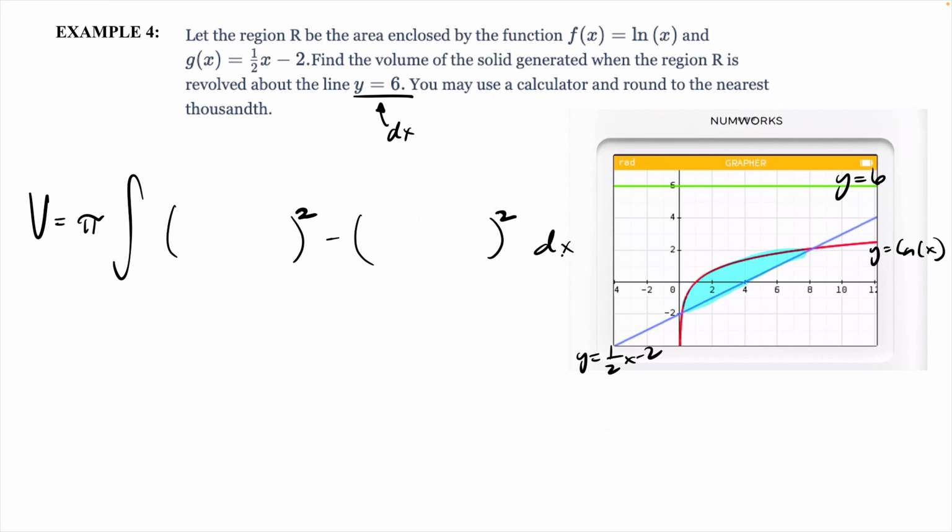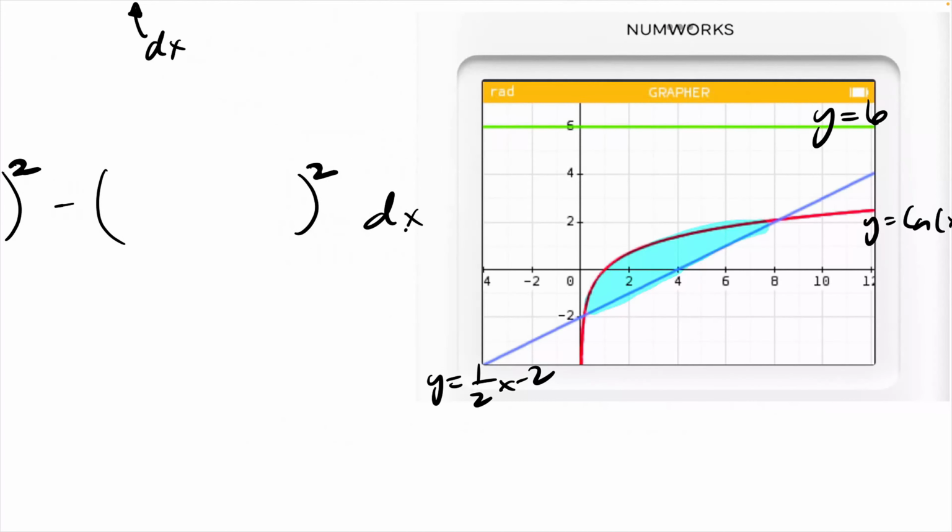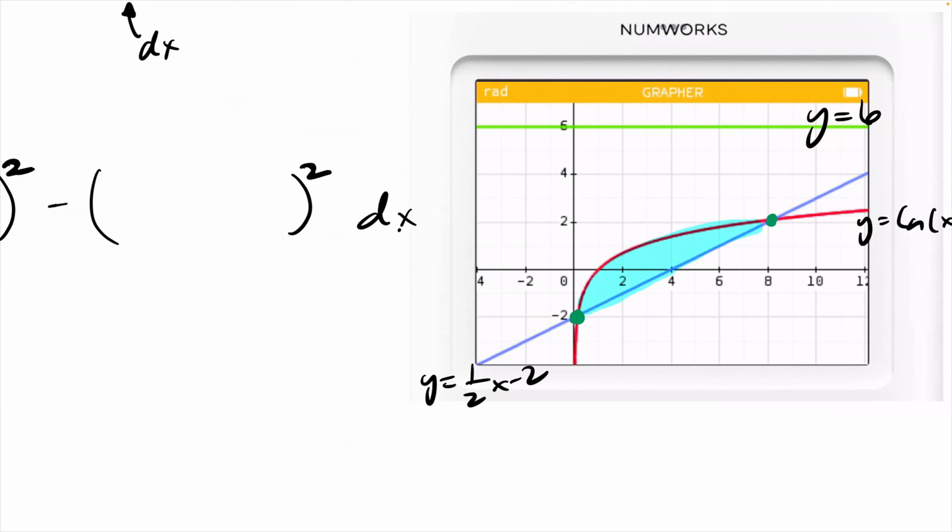Mr. Flores, what value did you use when you were finding the upper bound? You're talking about the bounds, right? The last bound. So it's going to be this guy here and this guy here, right? So I'm going to have to use the calculator to figure out where the blue and the red intersect.